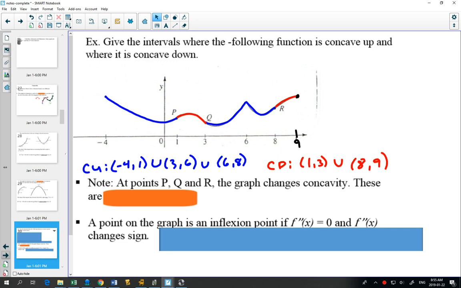So we learn a new definition here. We call the points where it changes concavity points of inflection. And we've seen this word before because when we did stationary points, I said a stationary point is either a maximum, a minimum, or a stationary point of inflection.